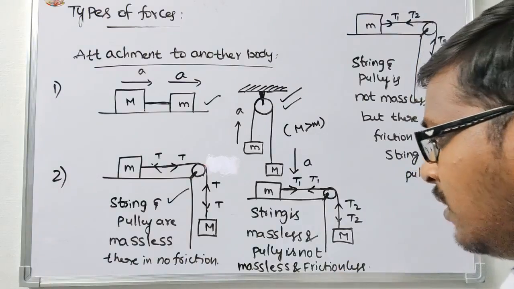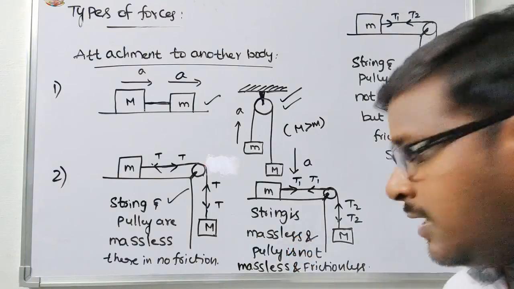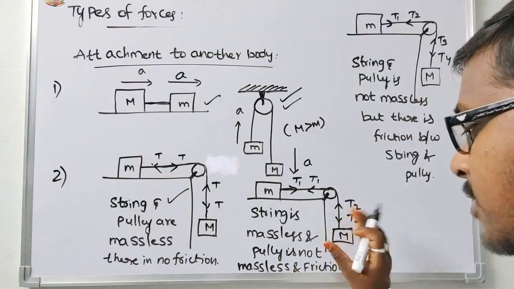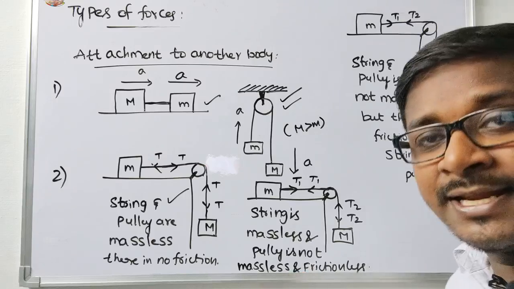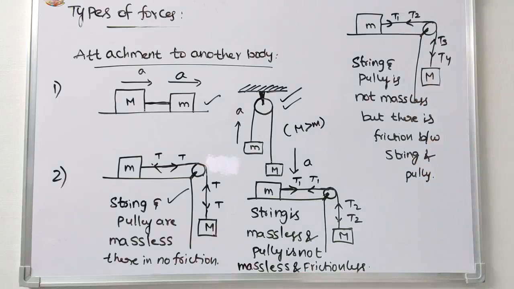Next, condition 2: the string is massless and the pulley is not massless, and frictionless also.